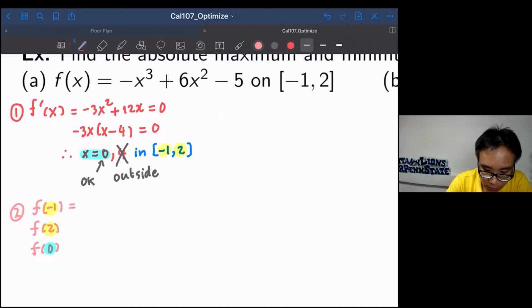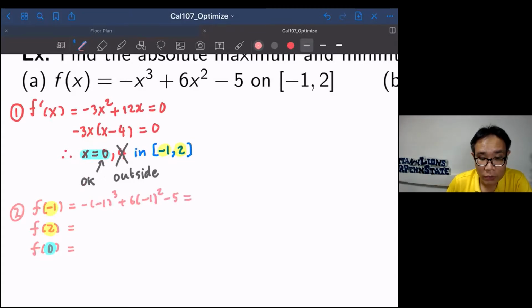So in this case, you have negative 1 to the cubic power plus 6 times negative 1 squared minus 5. This one is equal to 2, right?